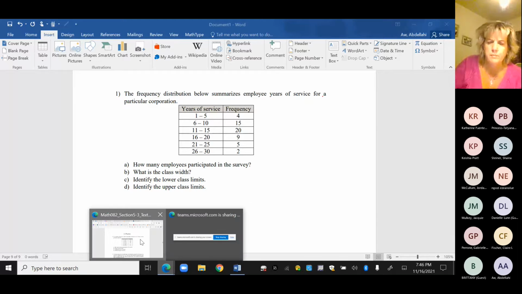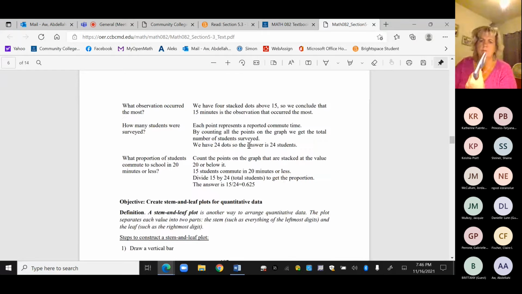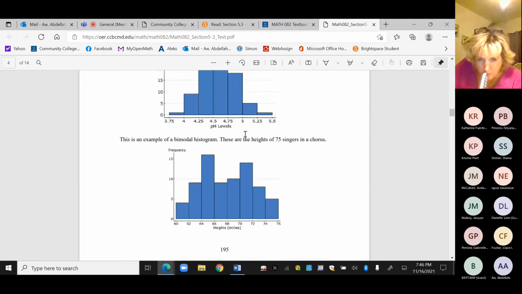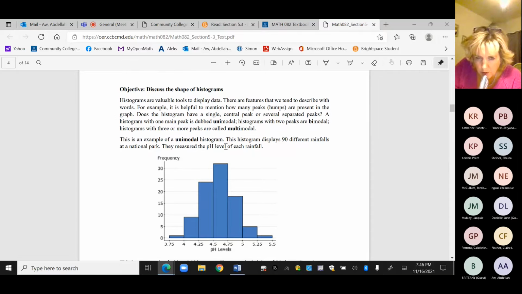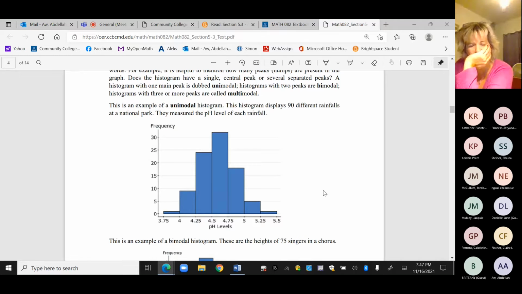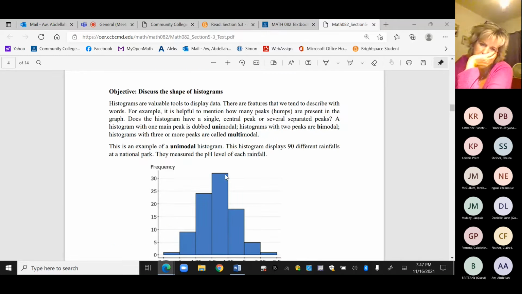Okay? So now we have another. Do you see my PDF file here that discusses the shape of a histogram? You see that, right? Yes. Okay. So we have some vocabulary going on. For instance, every time we look at a histogram, we want to describe it.